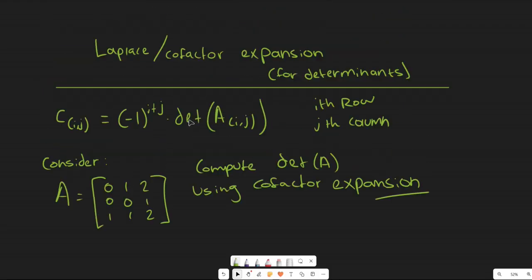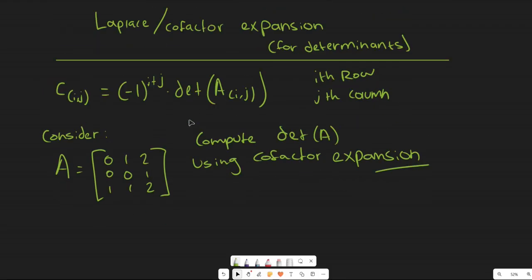Now, first let's put the formula back into use. The whole intuition behind cofactor expansion is we either lock the row or we lock the column.